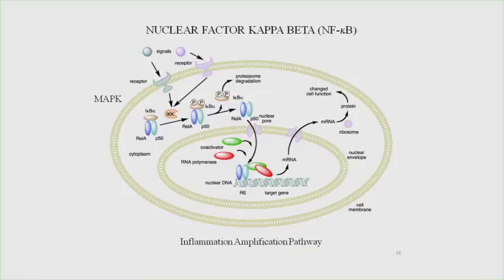Now, nuclear factor kappa beta is jailed in the cytoplasm by its inhibitor, and it won't cause inflammation if it's jailed by its inhibitor. When the cell senses distress and MAPK is activated, it will activate the enzyme that will degrade the inhibitor. Then nuclear factor kappa beta can enter the nucleus of the cell where the DNA is.